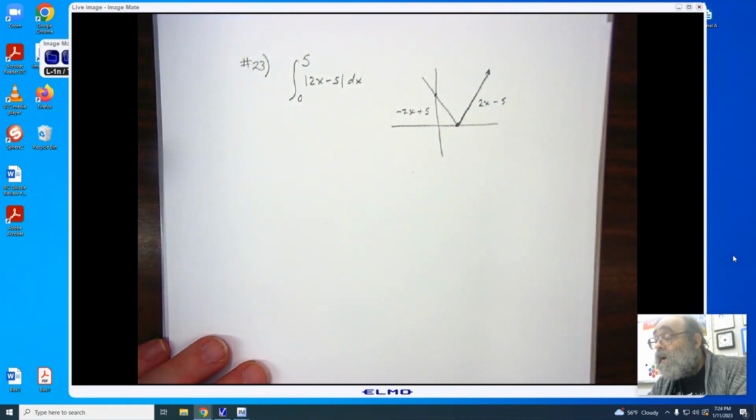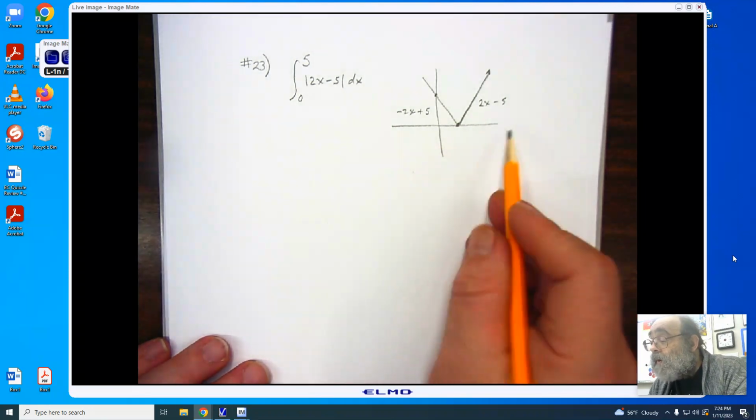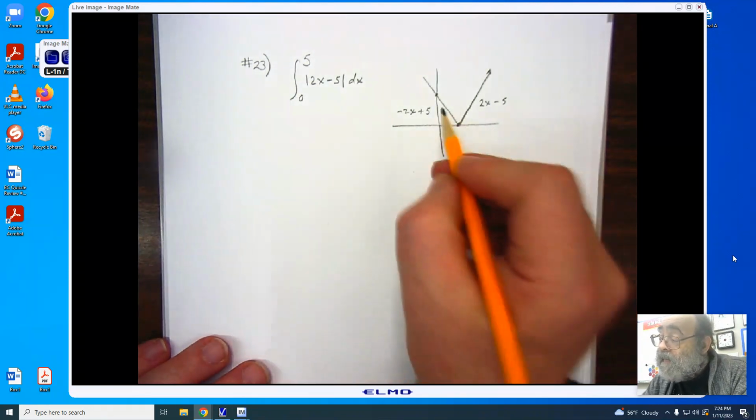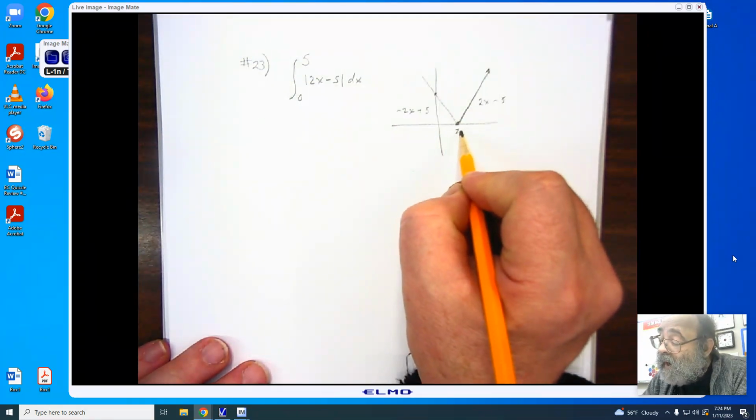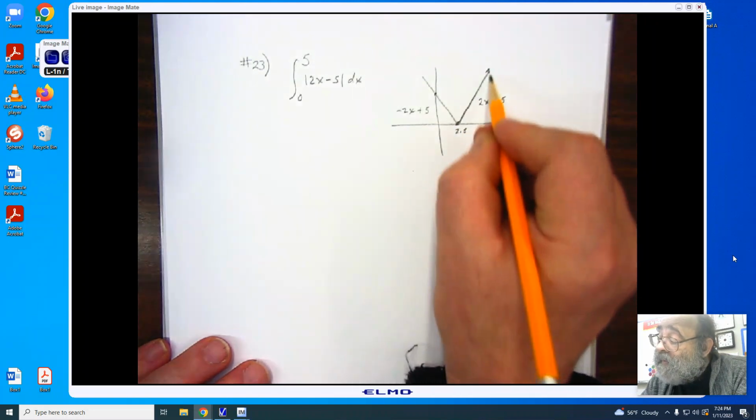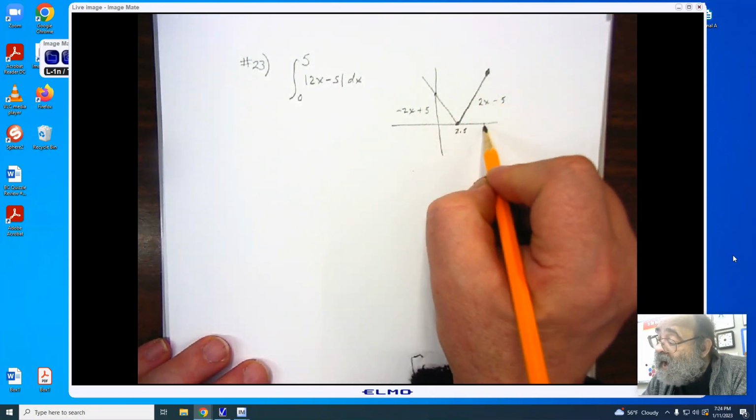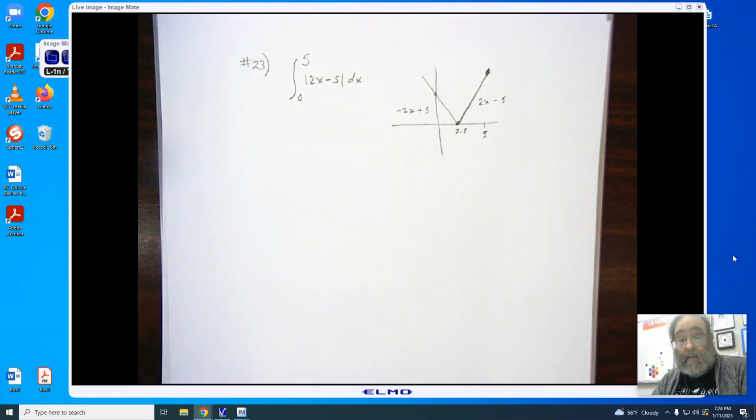And I would have to now integrate both of those. Now I could do that from 0 to 2.5 and then continue all the way up to 5. And that'll do it. All right? But it's a lot of extra work. It means finding two different equations, and that can be more difficult.